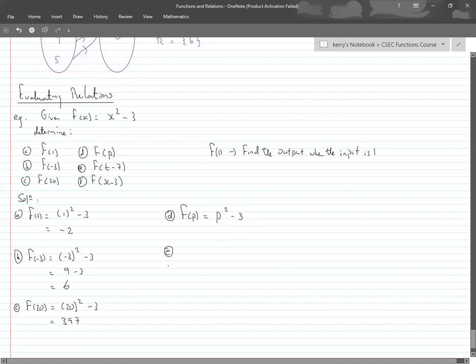Let's look at part E now. Part E is f of t minus 7. Now, remember, whatever is in the brackets is what you are changing x to.